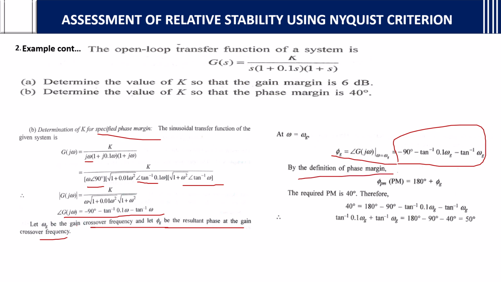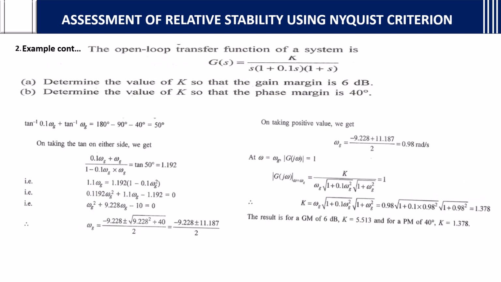By definition of phase margin, the phase margin will be 180 plus phi g. So the required PM is already given, that is 40. If you equate 40 to this, what will you get? Tan inverse 0.1 omega g plus tan inverse omega g equals 180 minus 90 minus 40, that is equal to 50.